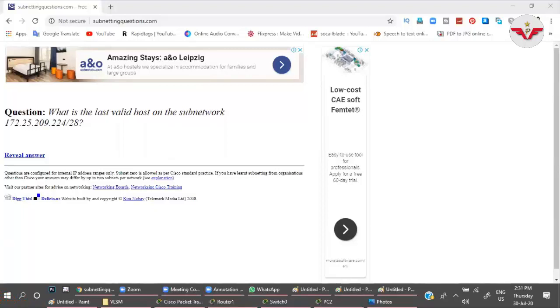You have to find out which network 224 belongs to, right? If you are at 240, you are ahead of 224. The 240 network will not cover the 224 IP address. The 240 network is from 240 to 255.